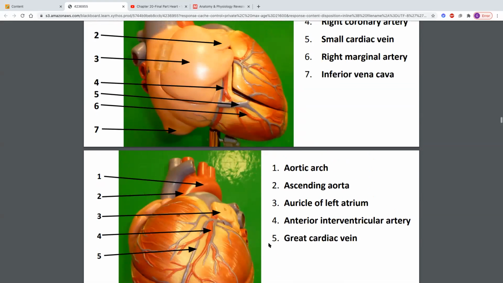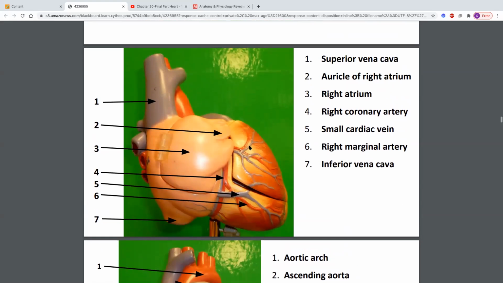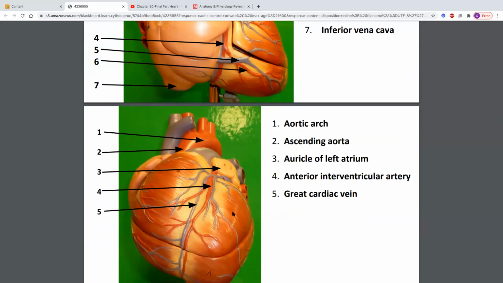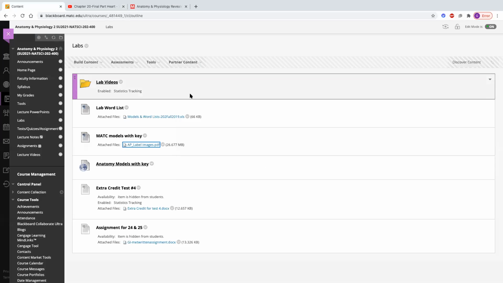So they already have these models right here, pretty good, and labeled for you guys to look at. I do have a couple of these heart models already in my office down in my basement, so I'll do something similar to this. So review that and review my videos for the lab videos.